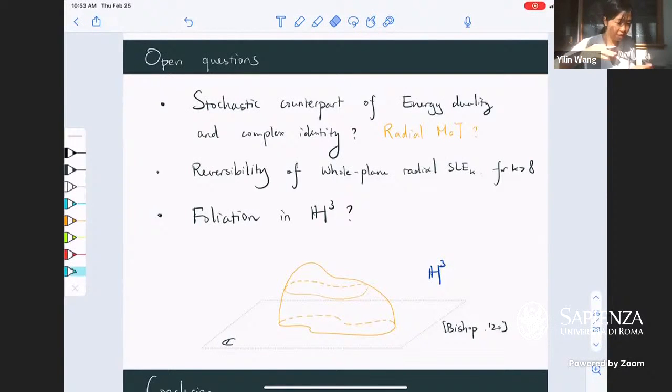And then you can look at the whole family of minimal surfaces above it, and maybe it's going to give you a foliation of H3, or sometimes you may have a gap, where two surfaces leave room between them and don't cover it, and one can study how the foliation is.